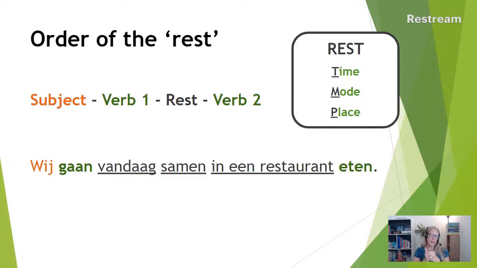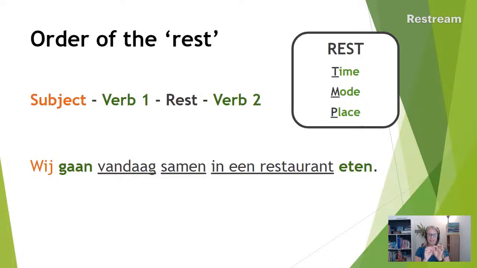Manner is explaining how you do something. So maybe you do it quickly, in the middle between time and place. You can also have some other things like with whom. There can be objects. There can be several things. But for now, I would say that it is safest if you look at all your rest items.